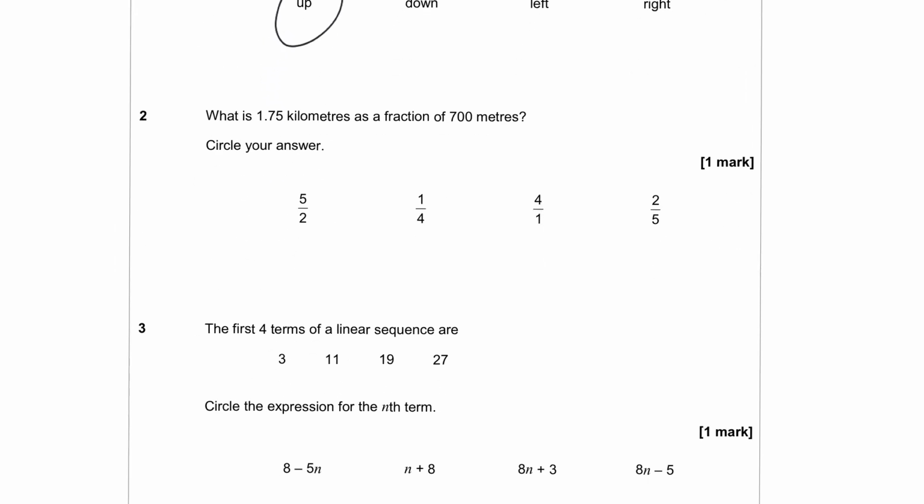It says, what is 1.75 kilometers as a fraction of 700 meters? Well, if we convert 1.75 kilometers into meters, to go from kilometers to meters, you times by 1,000. So 1.75 times 1,000 will leave you with 1,750 meters.